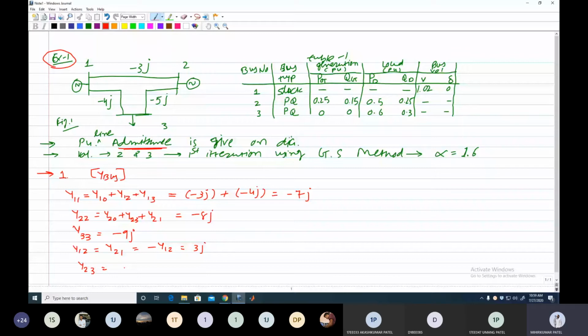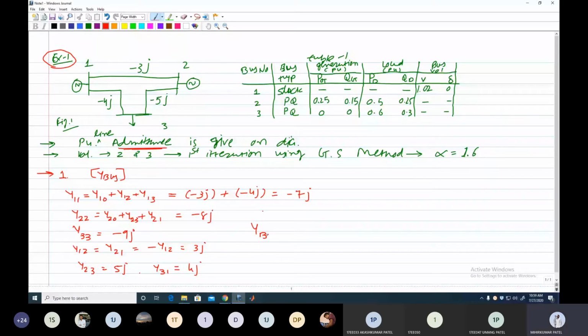And the last one is Y31, which is plus 4j. Clear?